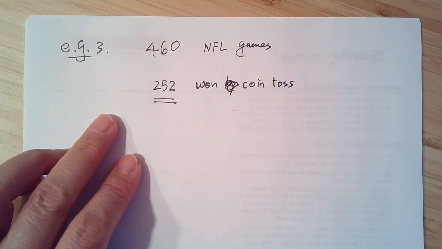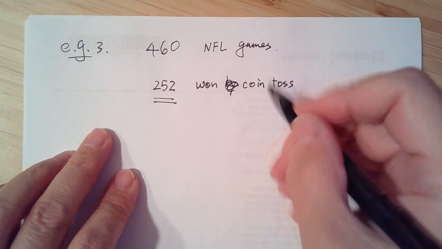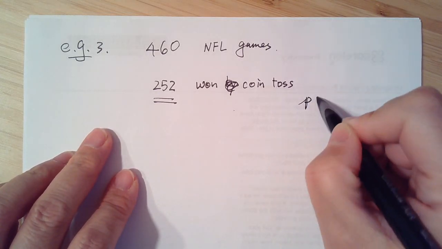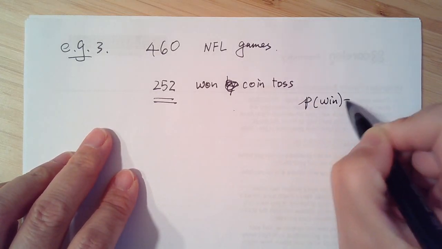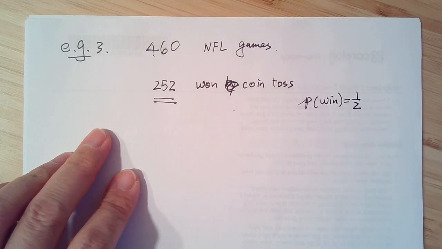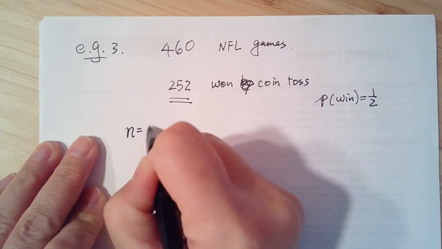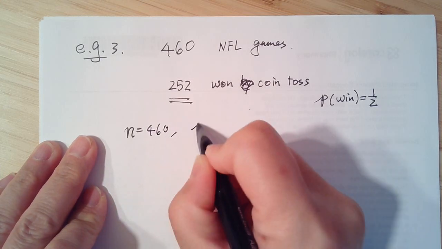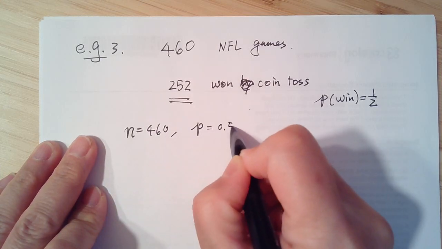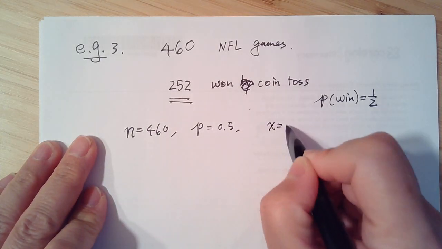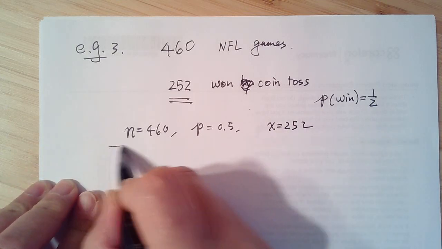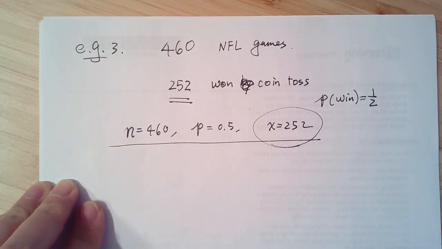So we assume that the probability P of winning is 1/2. We have n equals 460, p equals 0.5, and x equals 252. We want to know if this is significantly high or not.